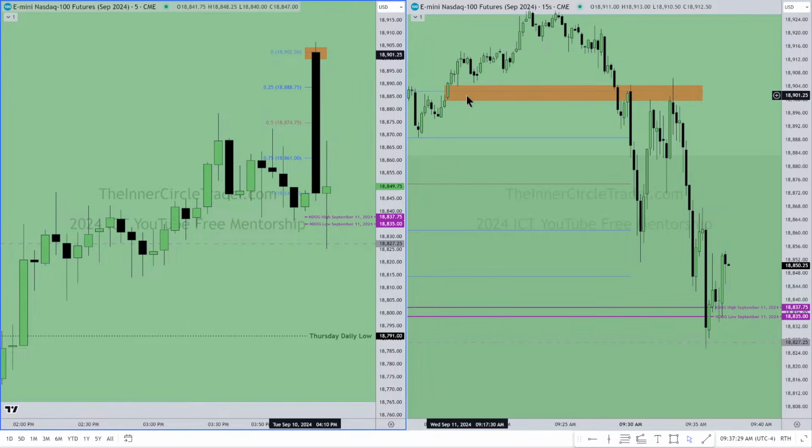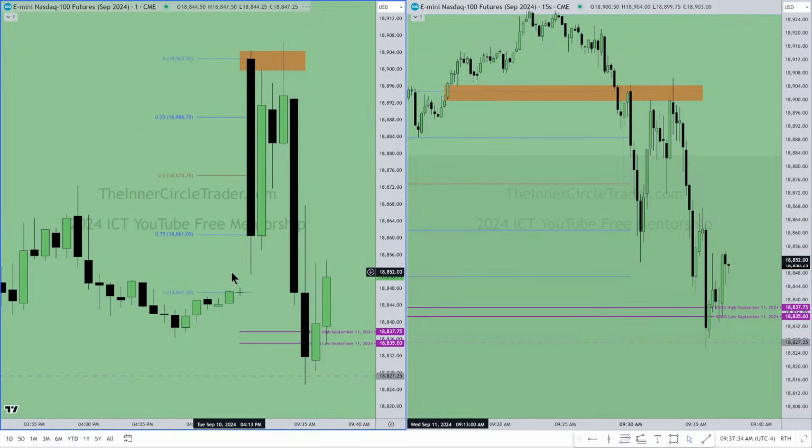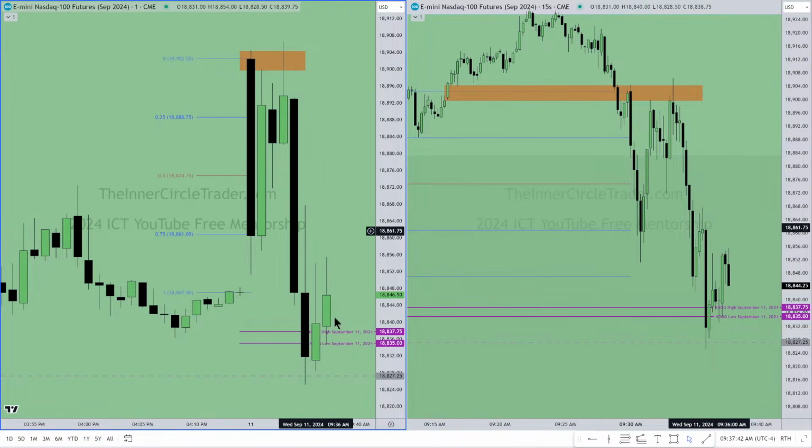Okay, we're inside of the gap. That's this from here to the opening price. So this previous settlement price and here, we're back inside of that now.